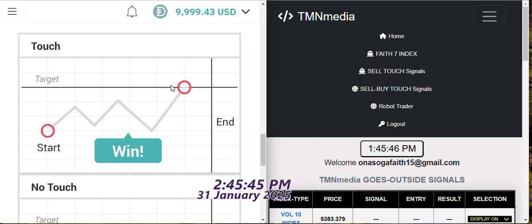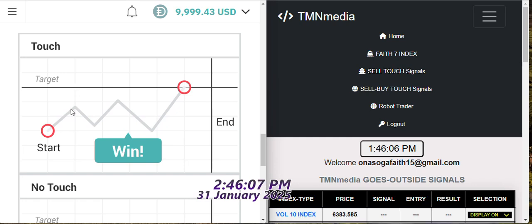This is where you're starting from. Where the road starts is where you're starting from. That will be your entry point. So from your entry point to this line, which is your barrier offset. For you to have a line above, it means your barrier offset is a plus. If you have this line below, it means your barrier offset is minus.